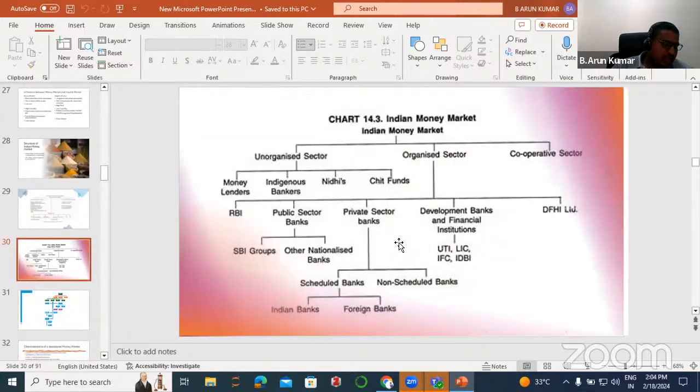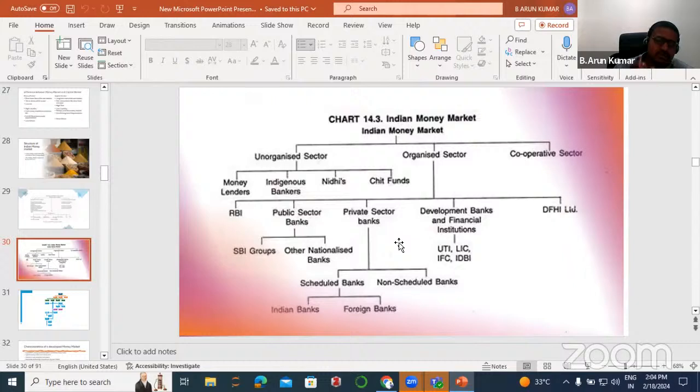In this particular money market, we have five instruments, and each instrument is very important. So you just learn about each particular instrument, that is, what is the treasury bill, what is the call money market, and also commercial paper and commercial bill.